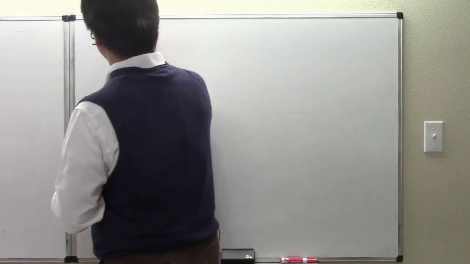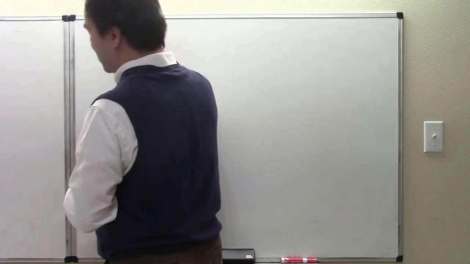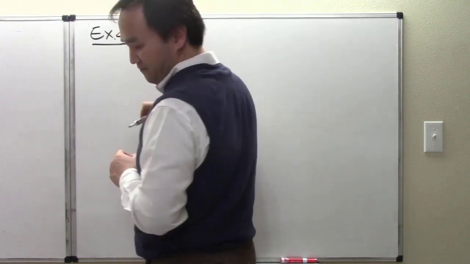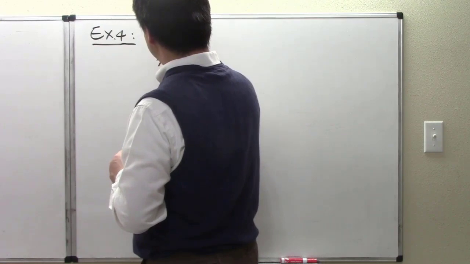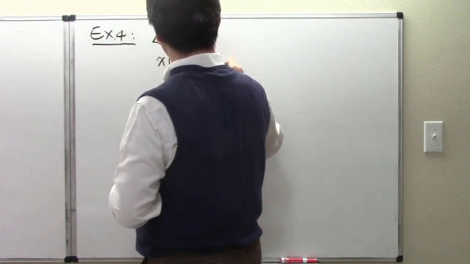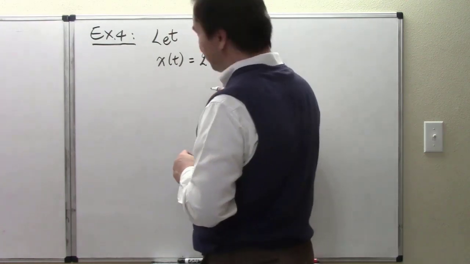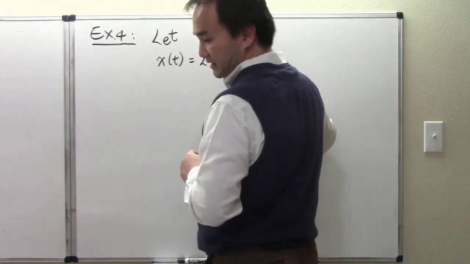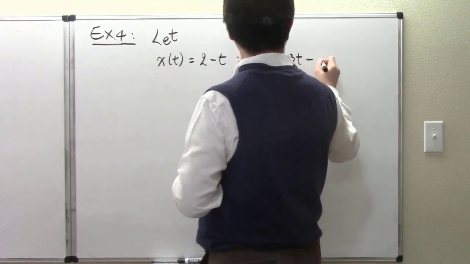All right, so in example 4, here's the instruction. Let's say we are given x of t equals 2 minus t, and y of t equals 3t minus 1.